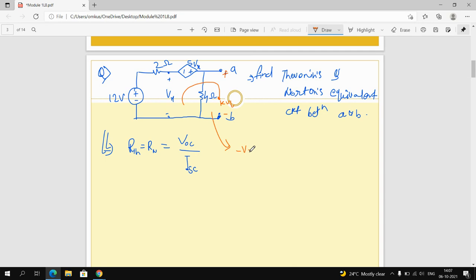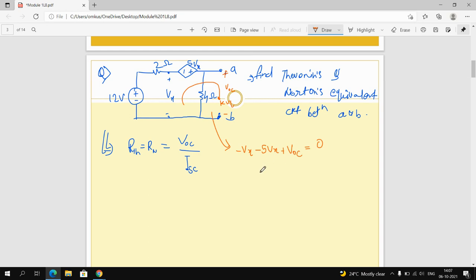So here minus Vx, plus this dependent voltage source, whose first terminal is minus, that's why minus 5Vx. And this is the open circuit voltage, first terminal positive, so plus VOC equal to 0.